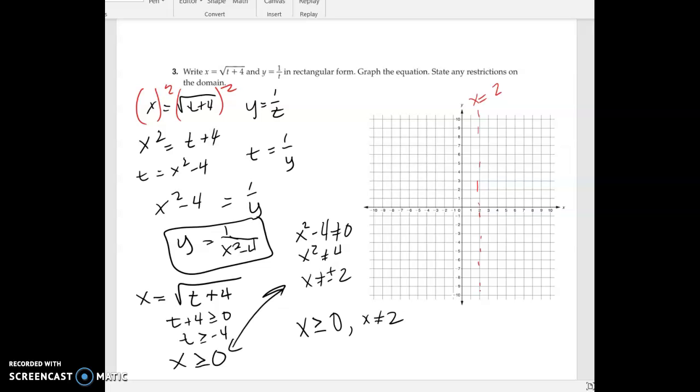And then we also know that we would have a horizontal asymptote that is the x-axis, because the coefficient of the top is less than the coefficient of the bottom. It ends up looking like this.